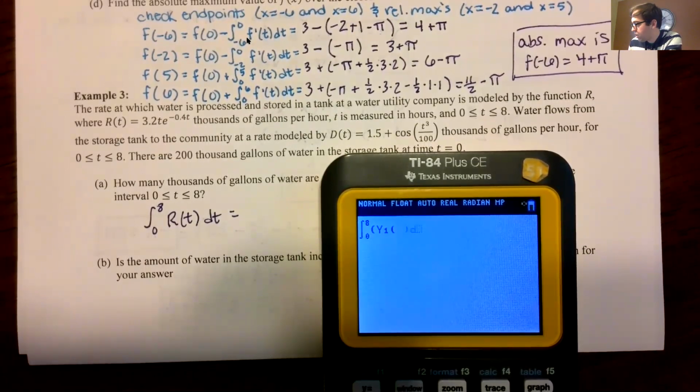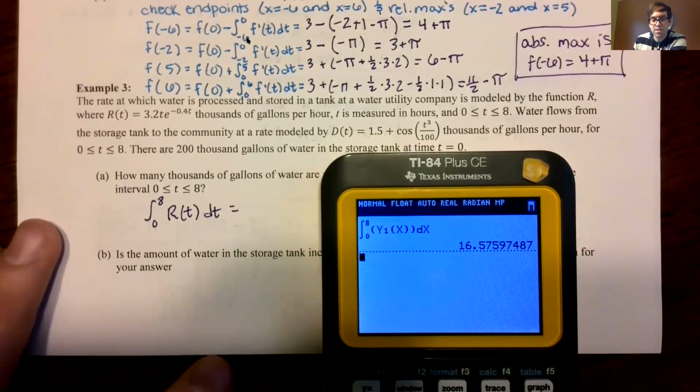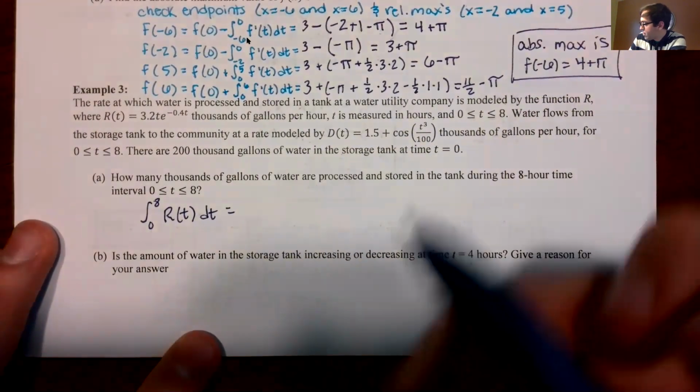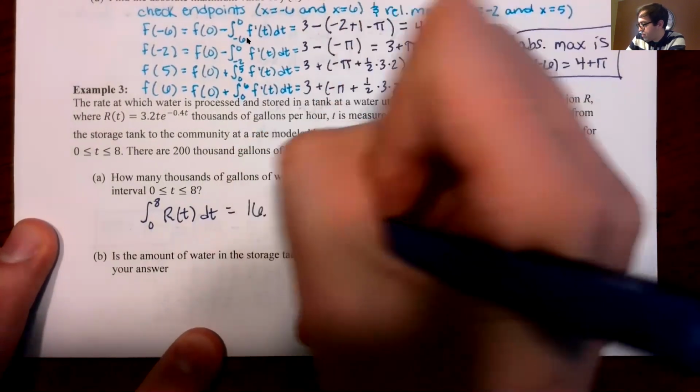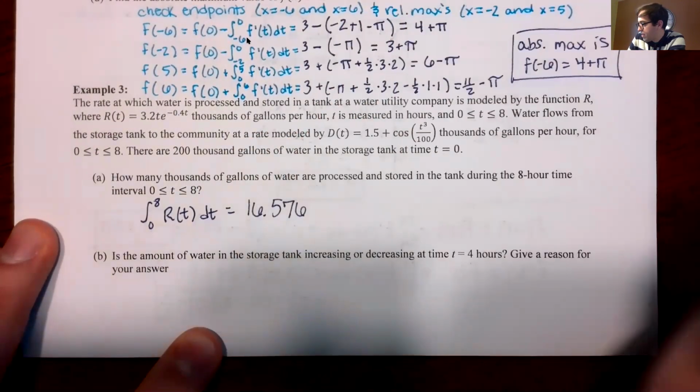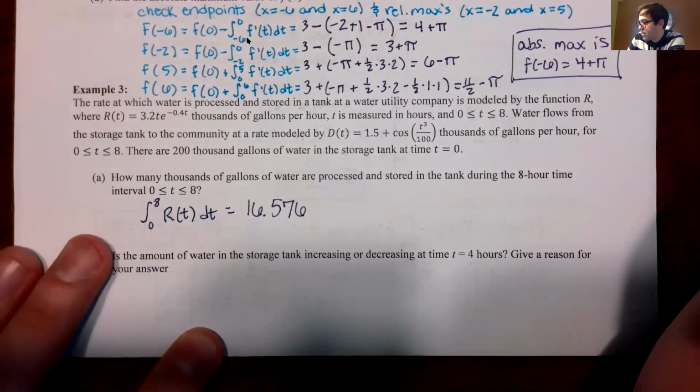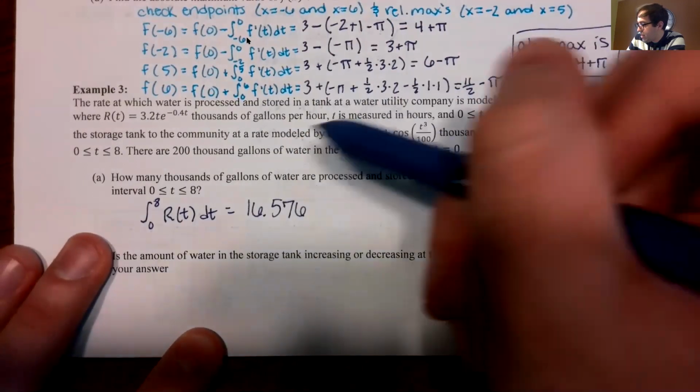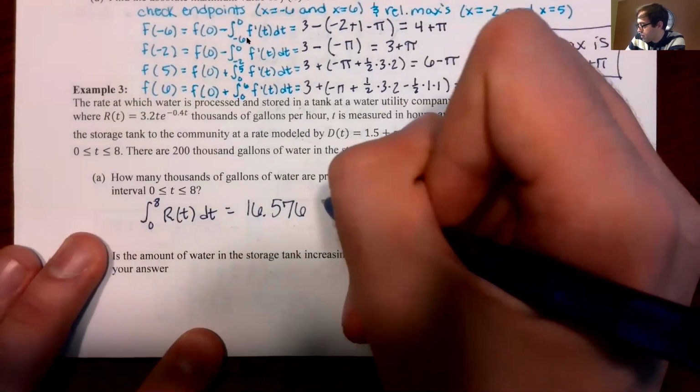And I'm not going to plug in any number for x, I'm just going to leave it as x. So I have y1 of x dx, and we get 16.576. So that is our answer. And we need to make sure we put units, and that is measured in thousands of gallons.